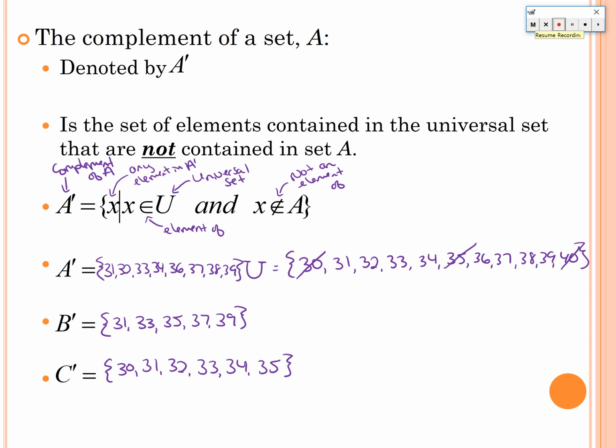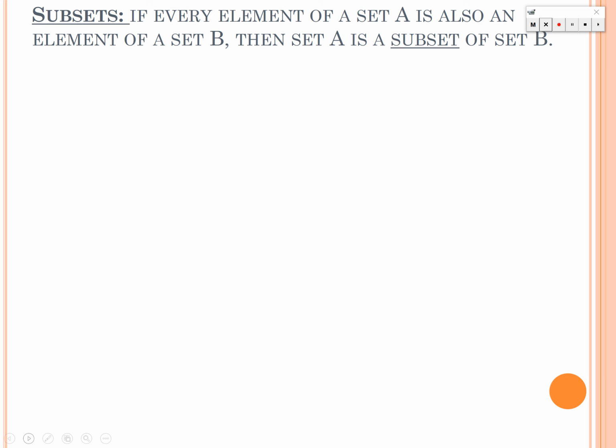Our next idea is the idea of a subset. A subset is if we have every element in set, and again, sets A and B, they're just generic. We worked with sets in that first section.